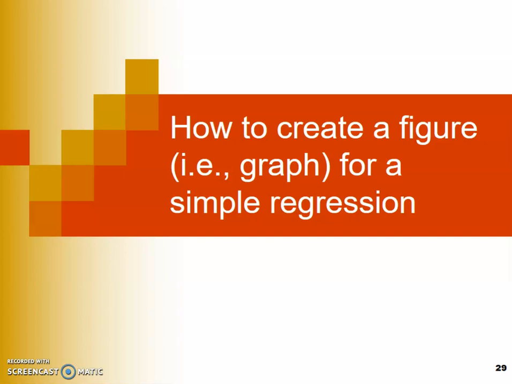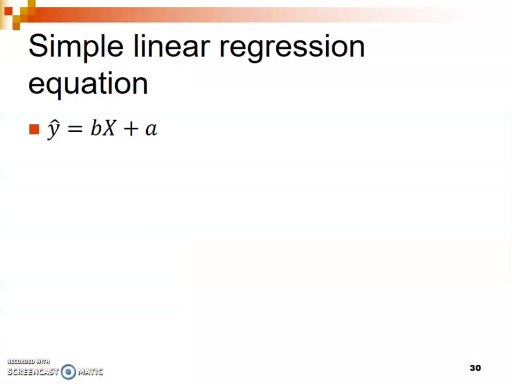In this video, I'm going to show you how to use that output to actually graph your own line representing the relationship between your variables in your regression analysis. Every equation for a simple linear regression is going to be represented by this general format where B and A are going to be values that we're going to get from our output in SPSS.